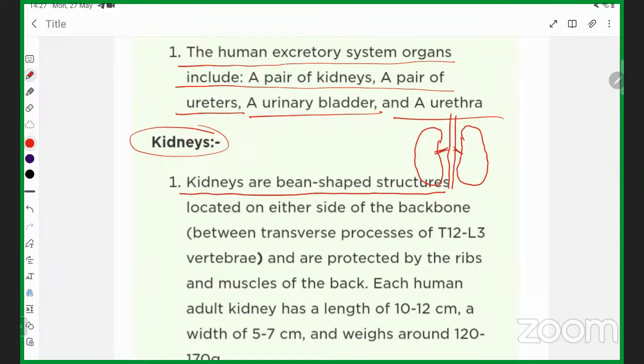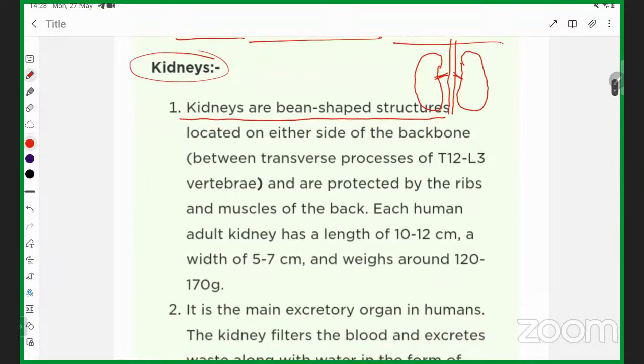Now they are saying the kidneys are bean-shaped structures located on either side of the backbone. If suppose this is the backbone, then on either side of the backbone, between the transverse process of T12 and L3.